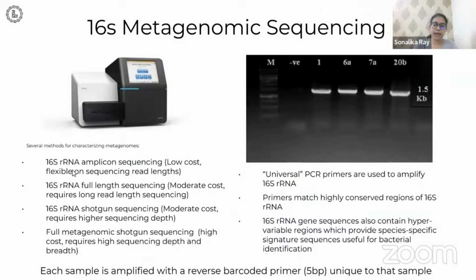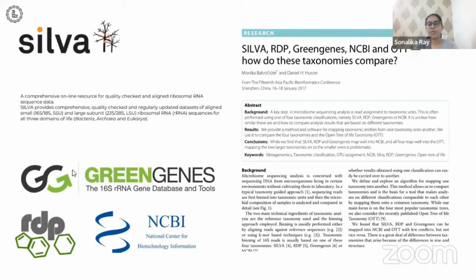So in the program, we will learn about these different types of metagenome sequencing techniques through different types of data that is generated. We'll majorly focus on 16S metagenomic sequencing and the data generated from it, such as OTU sequences that are annotated by mapping onto a reference database, such as the Ribosomal Database Project RDP, Greengenes, or the Silva database.